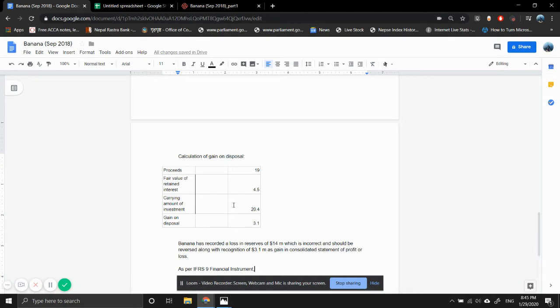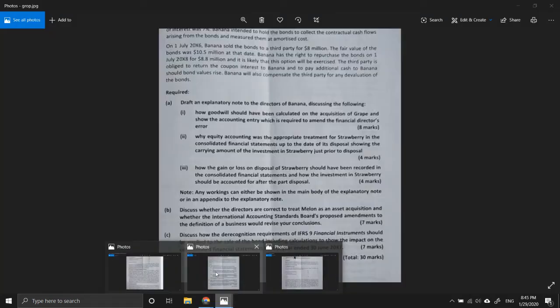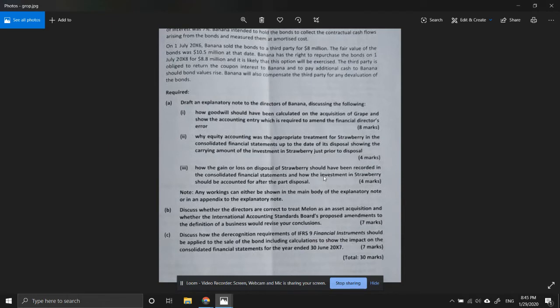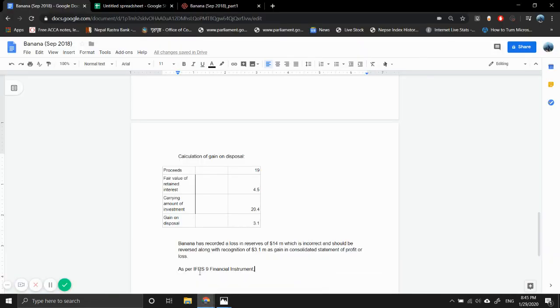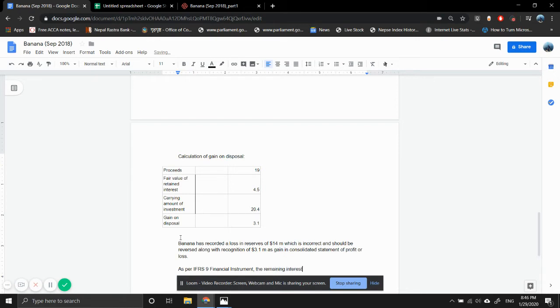So as per IFRS 9, the remaining interest, that is 10%, should be treated as a financial asset.